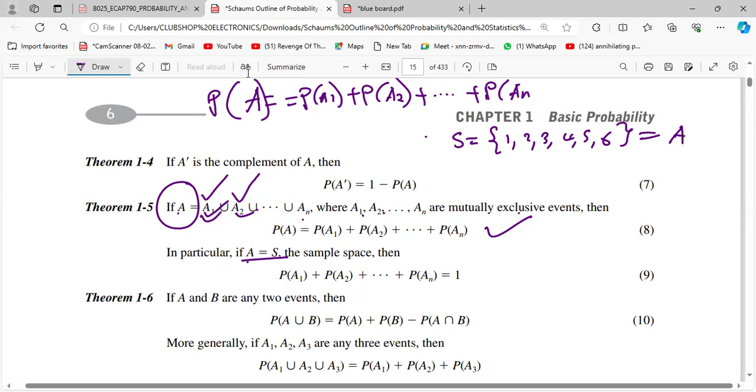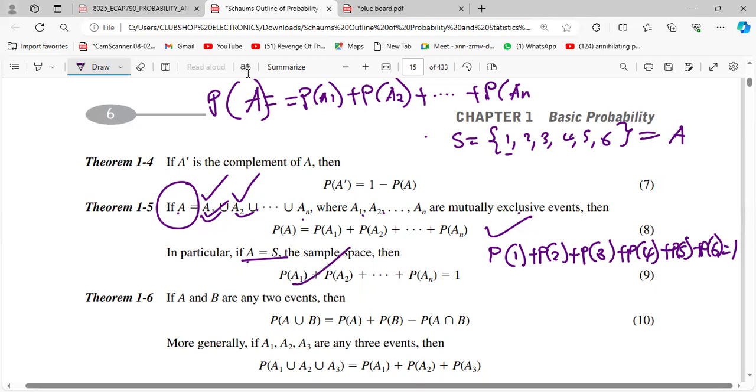All right. So we are going to say probability of 1 plus probability of 2 plus probability of 3 plus probability of 4 plus probability of 5 plus probability of 6. The answer must be 1. That's what we get. All right.